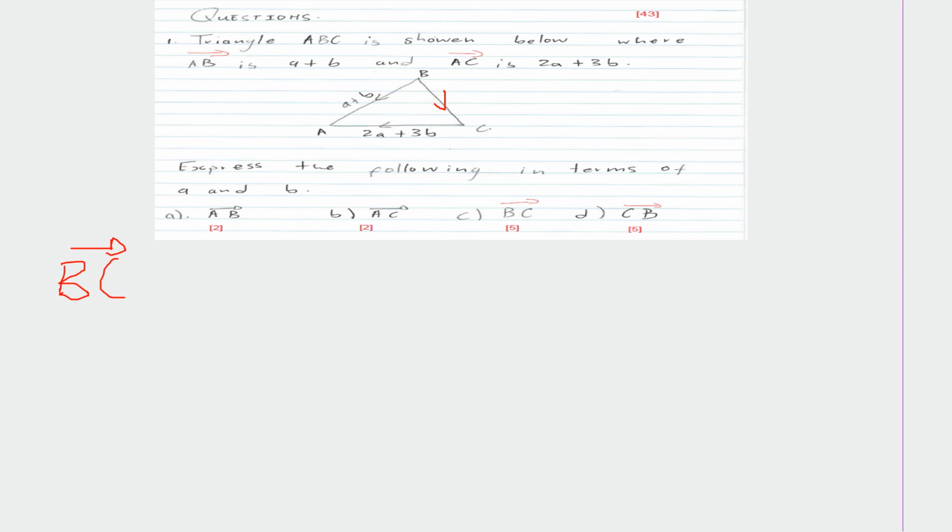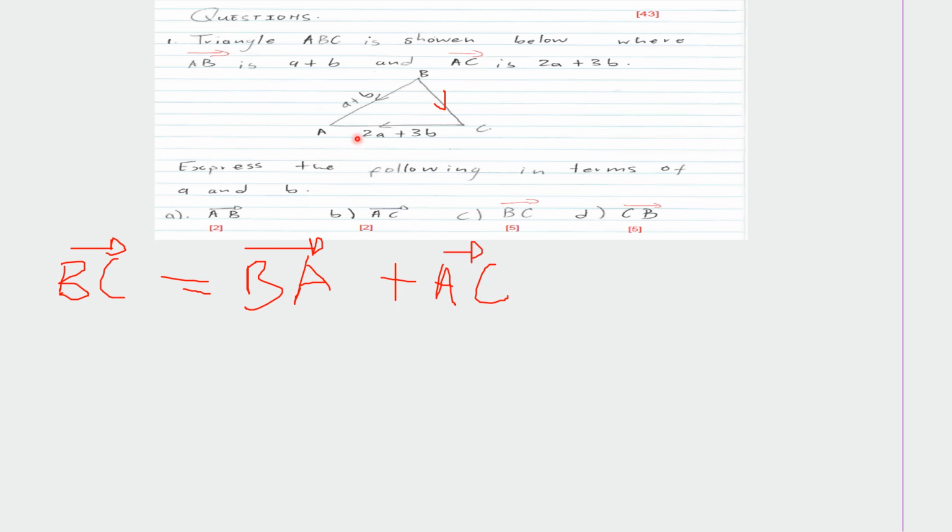So that means BC will be the resultant of BA plus AC. So BC is equal to BA plus AC.